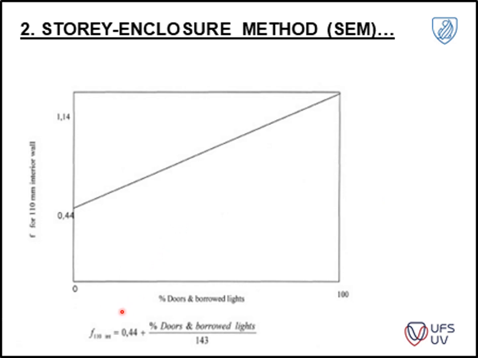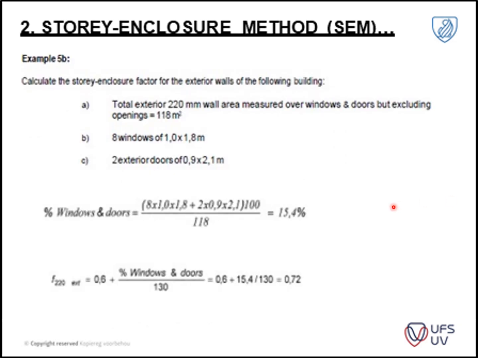And then for your interior walls, you usually have a 0.44 plus the percentage doors and borrowed lights divided by 143. Okay, so it's three factors that we can actually improve that we're going to look at in this module. So it's your surface bed factor, your 220mm wall factor, and your interior wall factor as well.